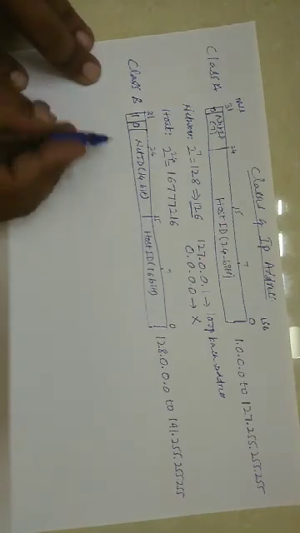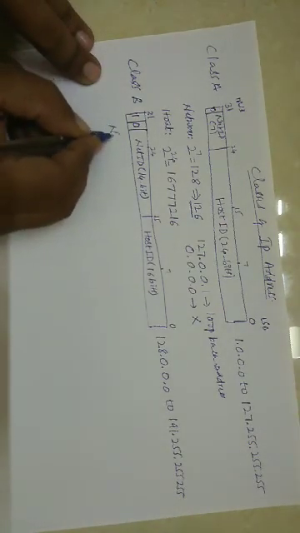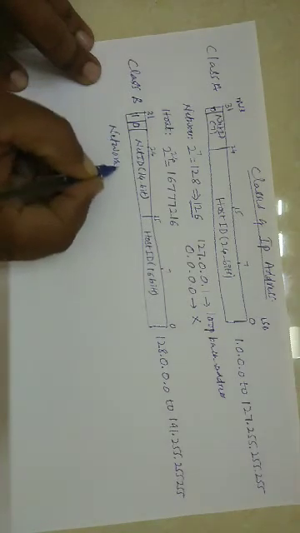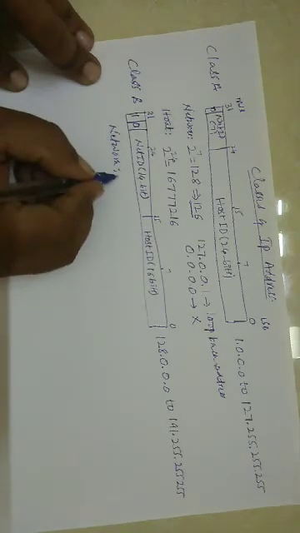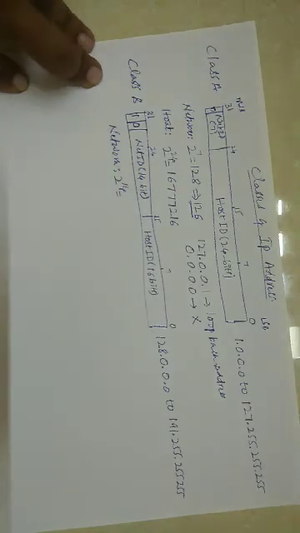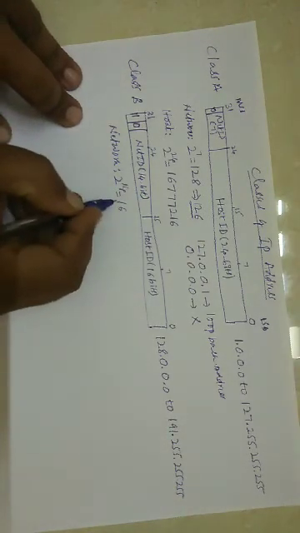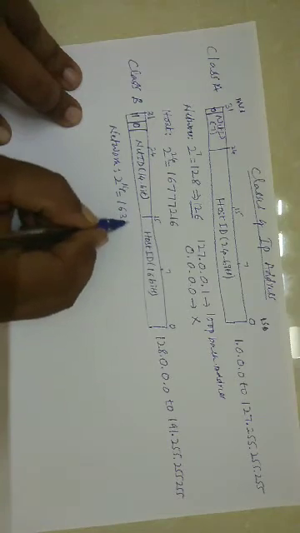How many networks can I have in class B? I can have a maximum of 2 raised to 14 networks, which is 16,384.